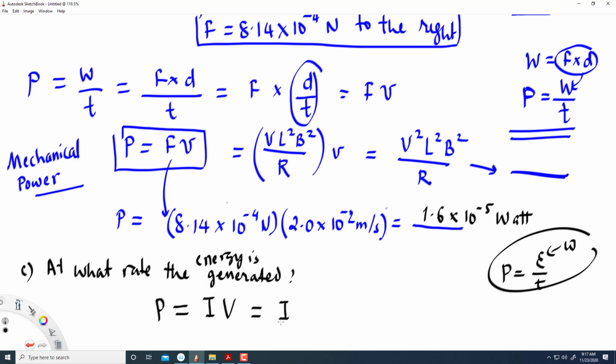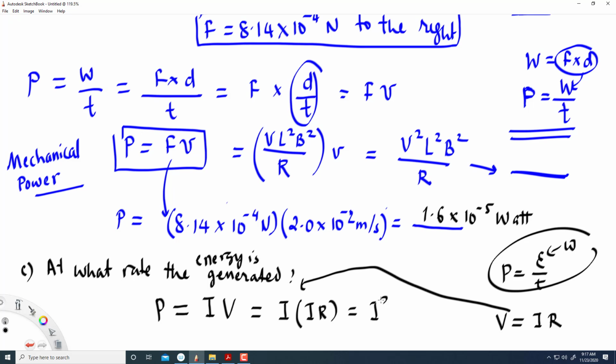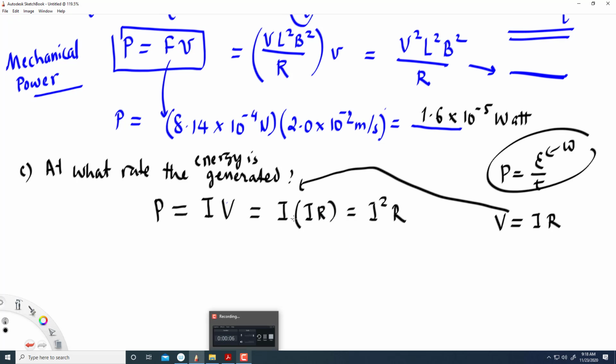We know I, we know R, so we want to write Ohm's law to write V in terms of I and R. So V is IR, use that here. V is I times R. I and I is I squared.